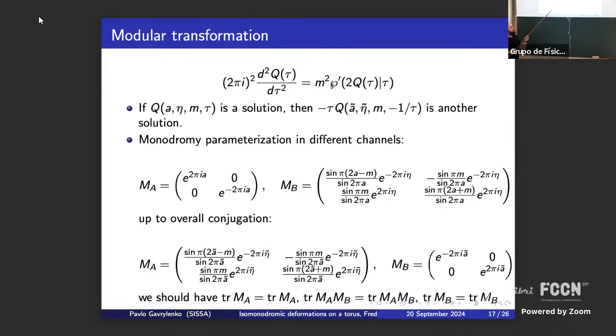So we can easily check that this solution is also a solution of the equation. And if we ask what are the precise initial conditions for these solutions, we can just read it from the monodromies. If we know these initial conditions, then we exchange this matrix with the inverse of one of them, and to find the mapping between these parameters, we just need to say that traces of these monodromies coincide under the rotation.